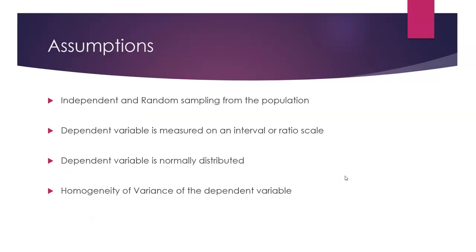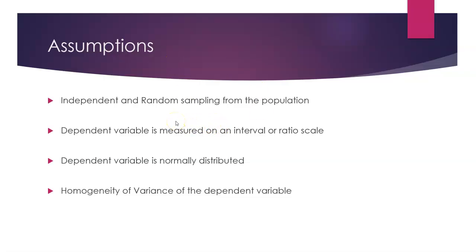All right. As with the t-test and any other test, there are certain assumptions that have to be met, and many of them are the same. First, independent and random sampling from the population, right? We want to get as representative a sample of the population as we possibly can. Each one of the individuals included in this analysis is going to be independent of one another, each supplying only a single data point.